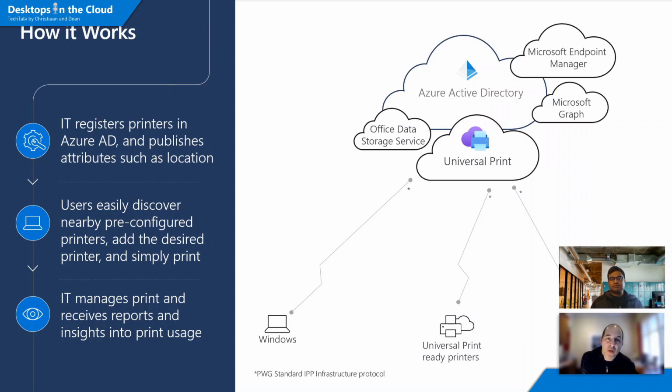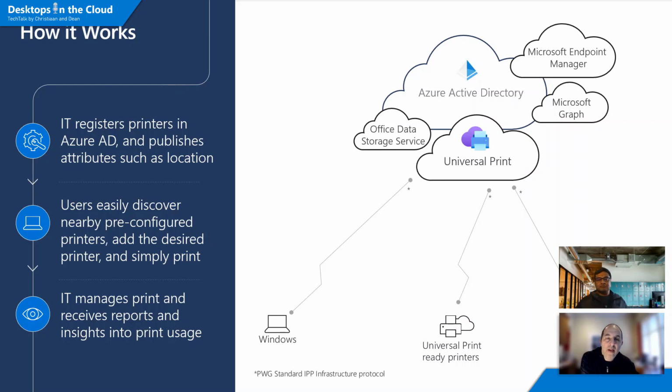However, we understand that organizations, whether they're enterprise or schools, have printers already existing, and those printers might not have the latest firmware update. For those, we make them work by having the connector, which is shown here.